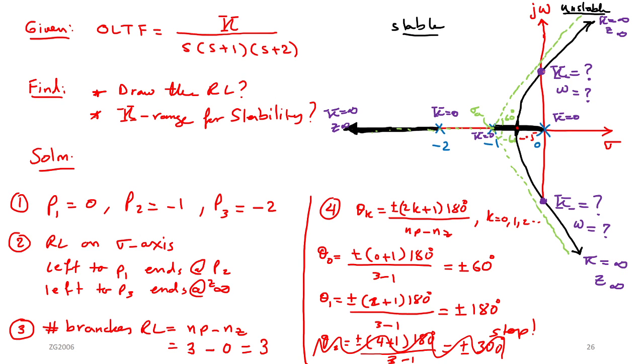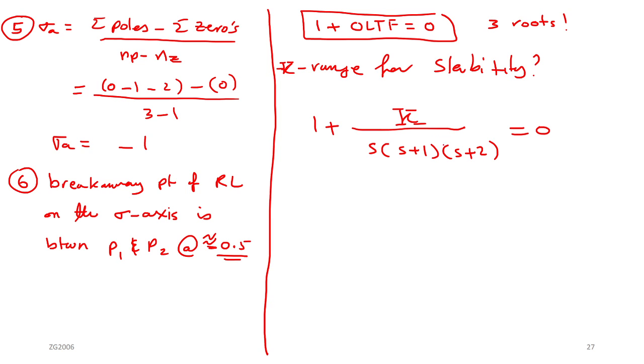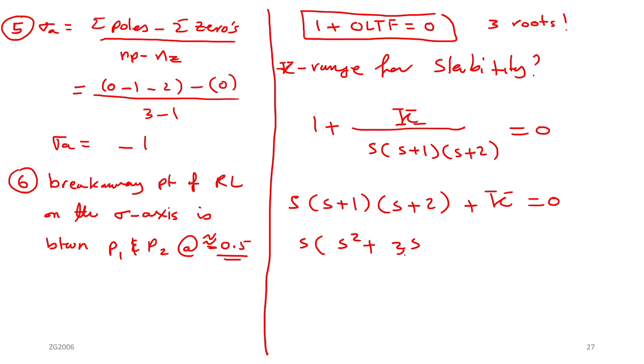So I'm going to plug in here that sigma equal to 0. That's all. This is what I'm going to do next. So I'm going to need to simplify this. This is going to be S plus 1, S plus 2, plus K equal to 0. This is going to be S squared plus 3S plus 2 plus K equal to 0.